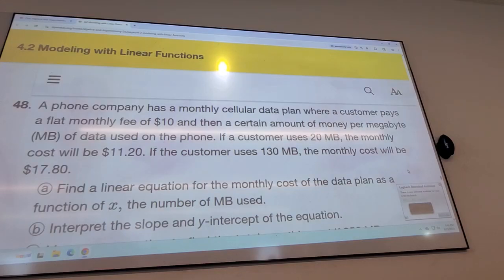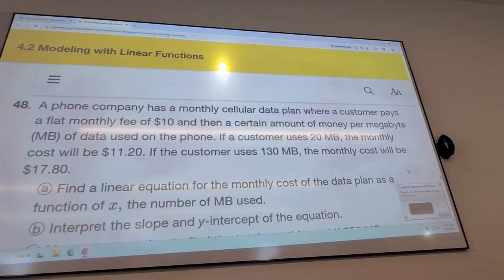That's why that's the y-intercept, (0, 10). But what's throwing me off is it says per megabyte. And then it says if the customer uses 20 megabytes, then it will be $11.20. So that means, in my head, that if you use over 20 megabytes, you're going to pay a flat rate fee of $11.